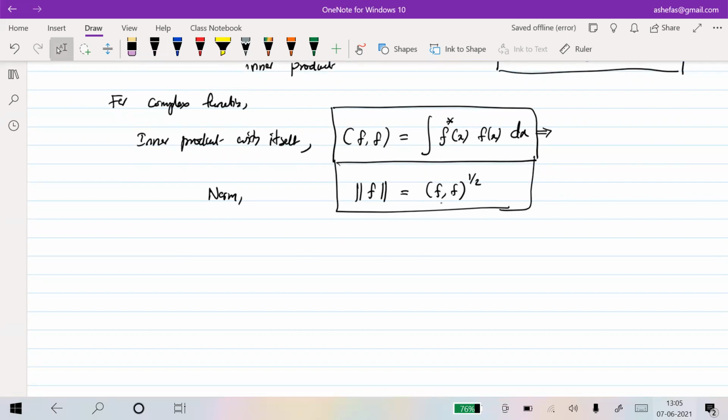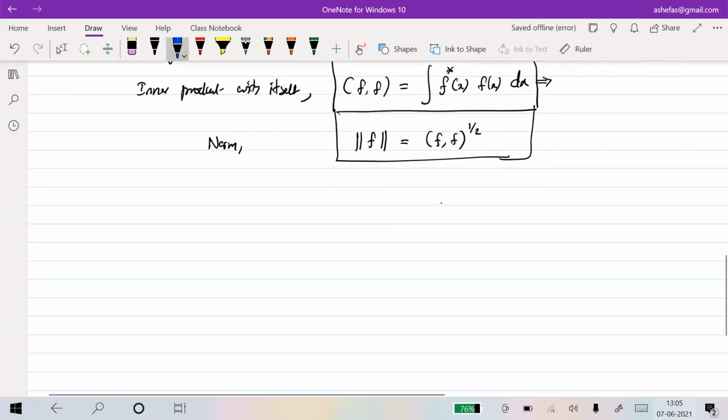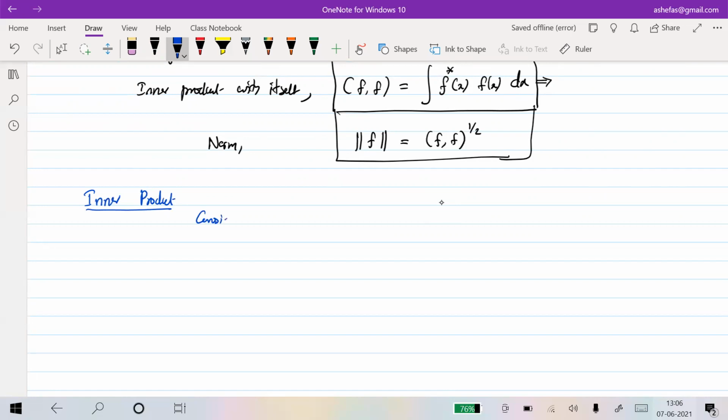So we have to give some more time to the discussion of the inner product. Here we have defined the inner product of a function with itself, but in general, we can define the inner product between any two functions. Consider two vectors f of x and g of x in infinite dimensional vector space.